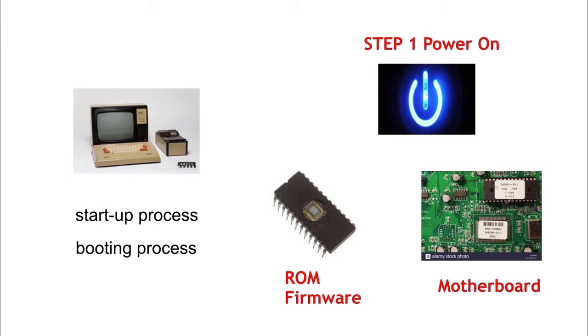The read-only memory is a type of non-volatile memory, sometimes also called firmware. The feature of read-only memory is that it will not lose the data even when you power off the computer.